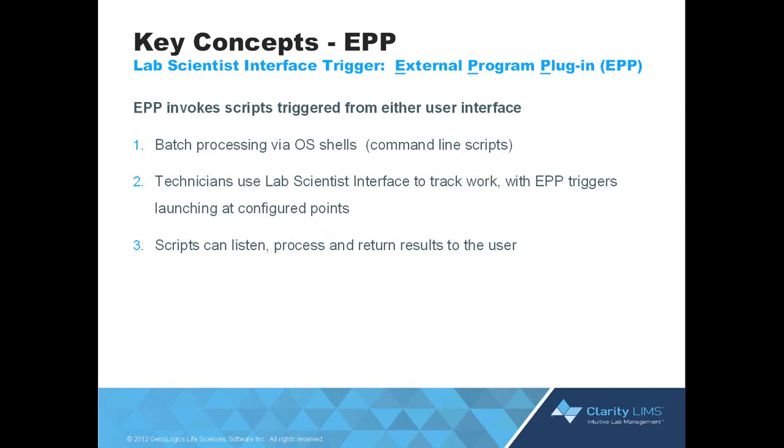So it's a way of bridging the two together, and this is something which typically our API users are relying upon quite heavily, so that an action in the LIMS is triggering or evoking a script which is going to carry out a piece of work and optionally give messages back to the technician who is using the interface and return results to that user.